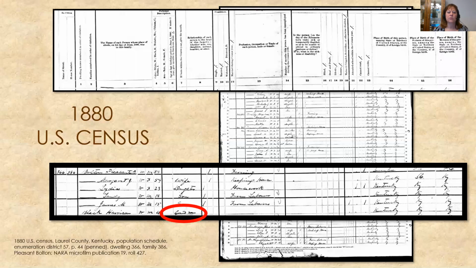In addition to noting the relationships, the 1880 census also included 3 other valuable pieces of information: the marital status of each person, whether single, married, widowed, or divorced, and the place of birth for both the person's father and mother. For the genealogist, census records keep getting better and better.